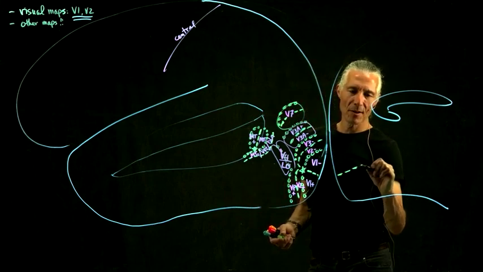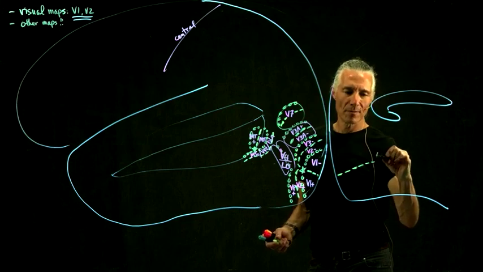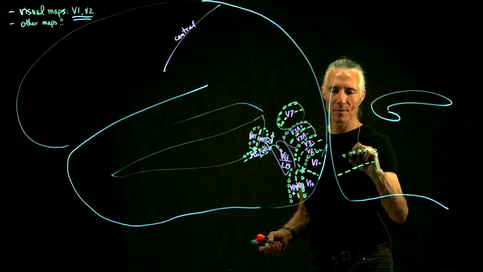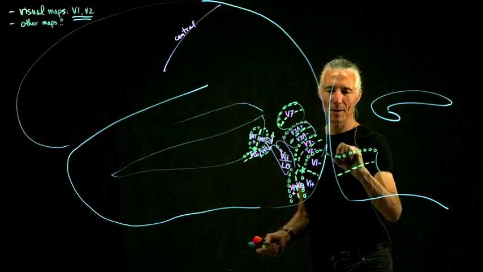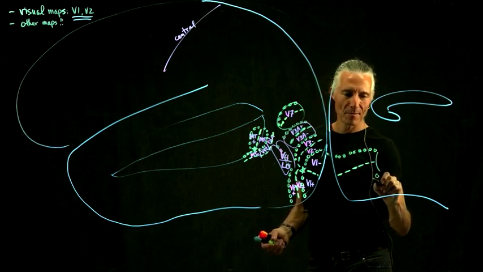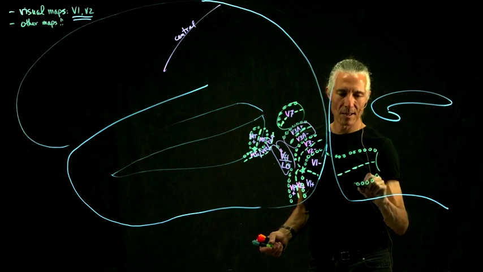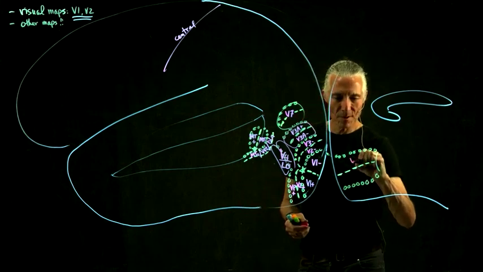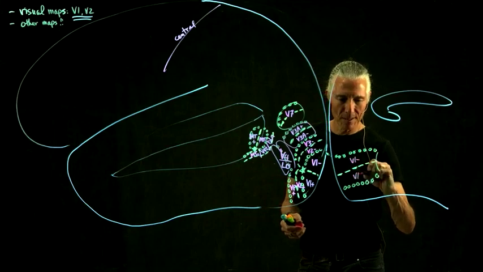So here I'm going to draw V1 in. There's the periphery of V1, and so here's the lower field part of V1. It's supposed to join up there. And here's the upper field part of V1. So this is V1 minus, V1 plus.